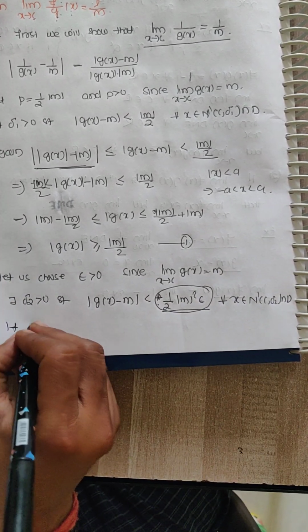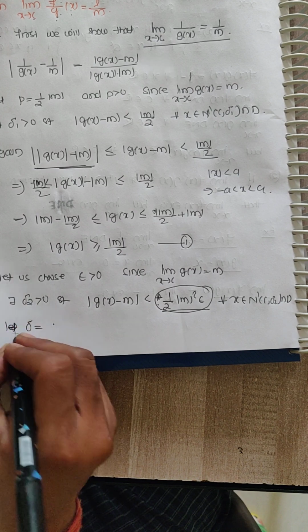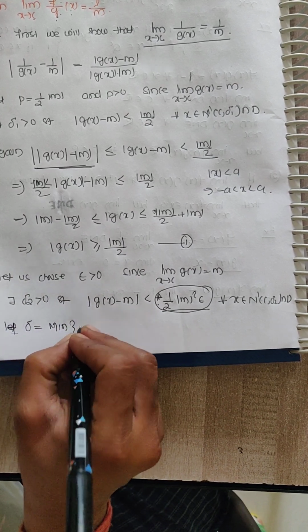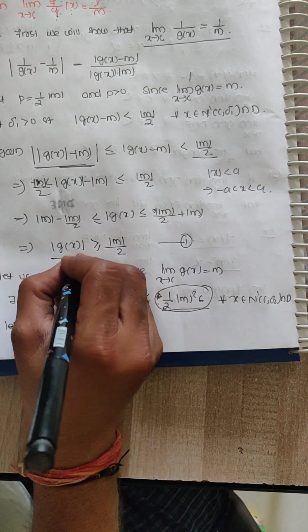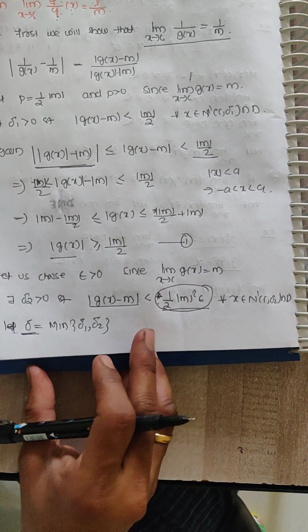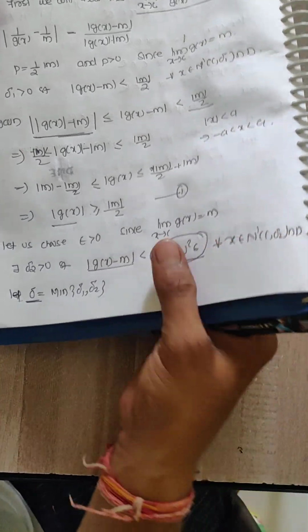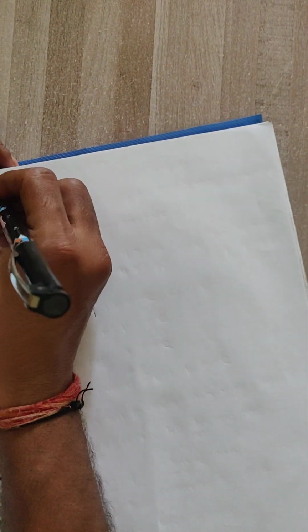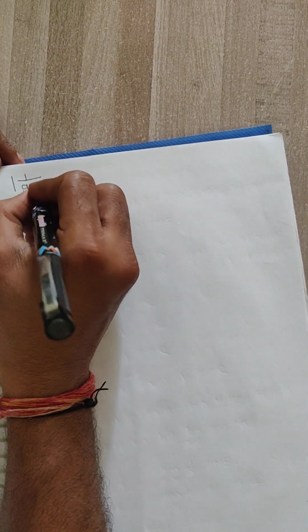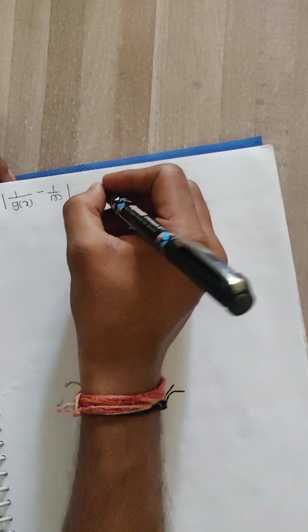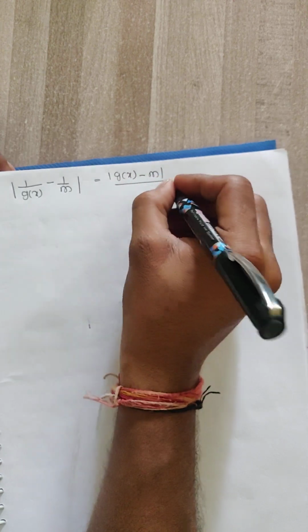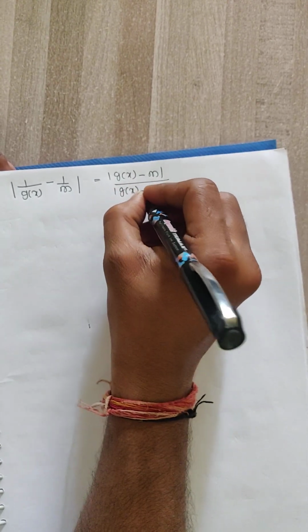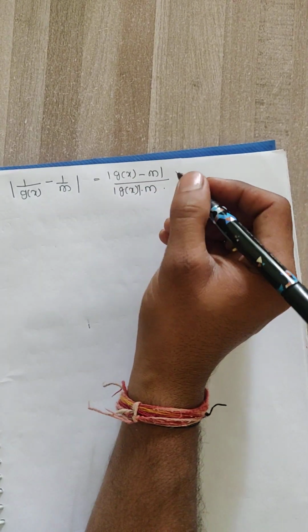Now let delta be equal to the minimum of delta 1 comma delta 2. For this delta, both statements hold simultaneously. So 1 by g of x minus 1 by m is nothing but mod of g x minus m by mod of g x into mod m.